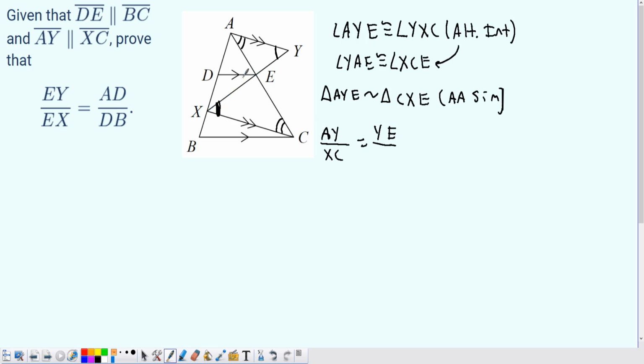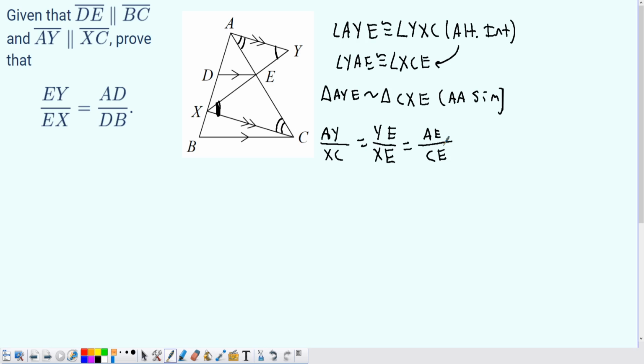Well, that would be XE on the other triangle, the single marked to the unmarked. And then finally, we have AE over CE. So that is the following proportions that we can set up based on the similarity that we currently have.